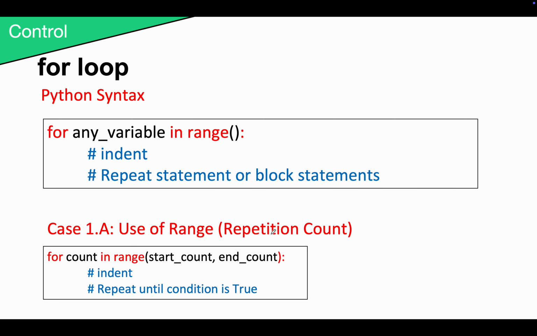Okay. So this is the syntax for the for loop. We use the keyword for, and in here we have any variable that we want to use, as long as it's not a keyword, then the keyword in and the range of what. Case number one is that we can set where to start and where to end the counting.